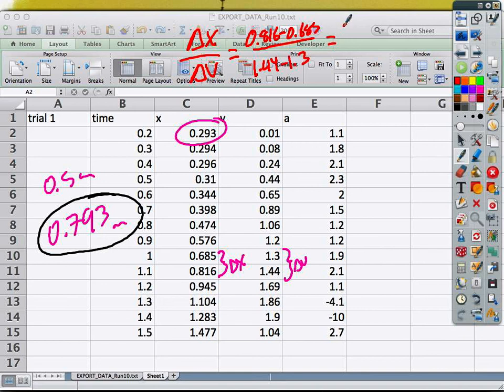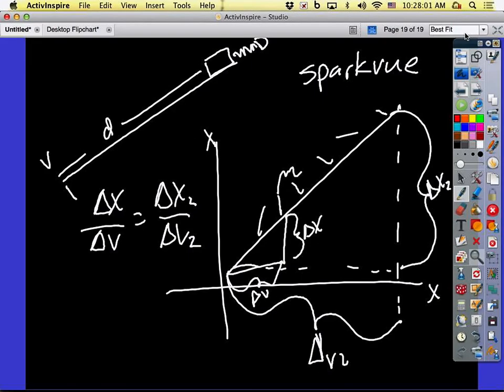Then I'm taking 0.793 minus 0.685, and I'm taking V minus 1.3. You see what I did there? I used the same endpoint twice: once for the whole interval and once for the interval that I need, because by doing that, I can locate my velocity.